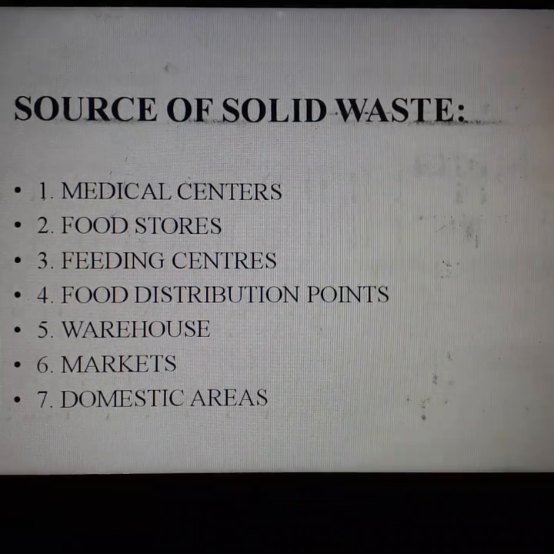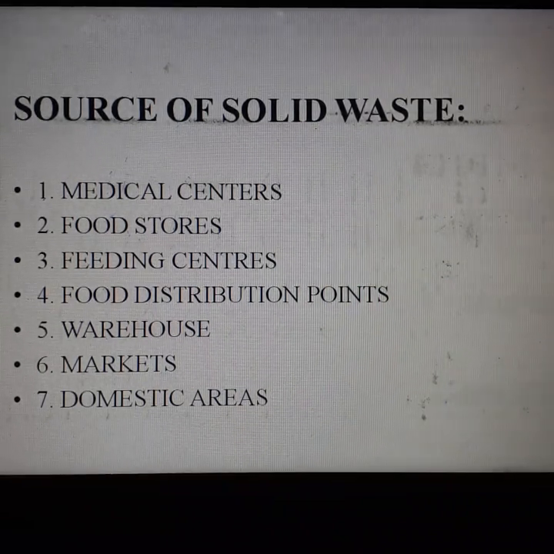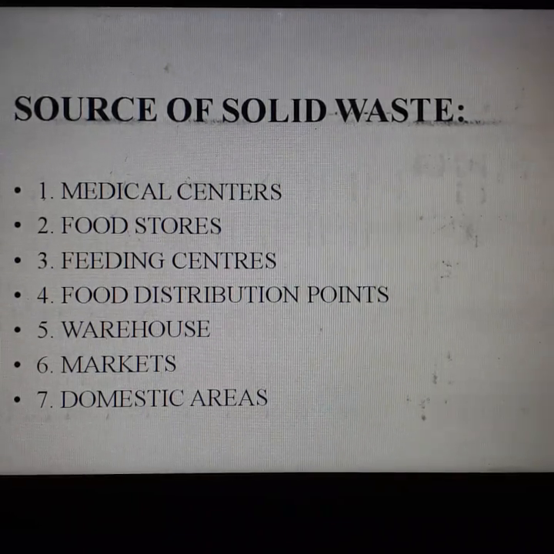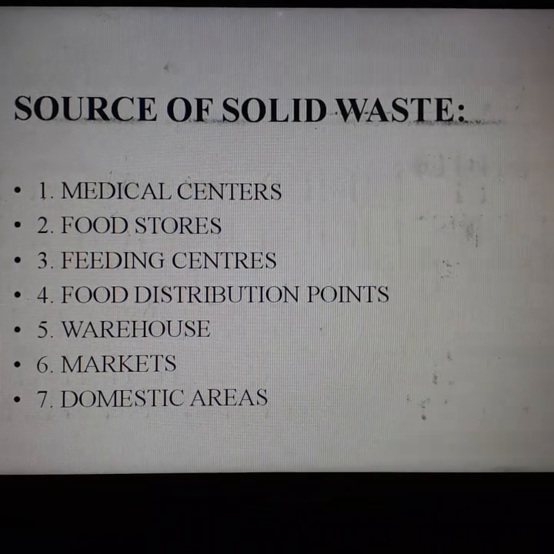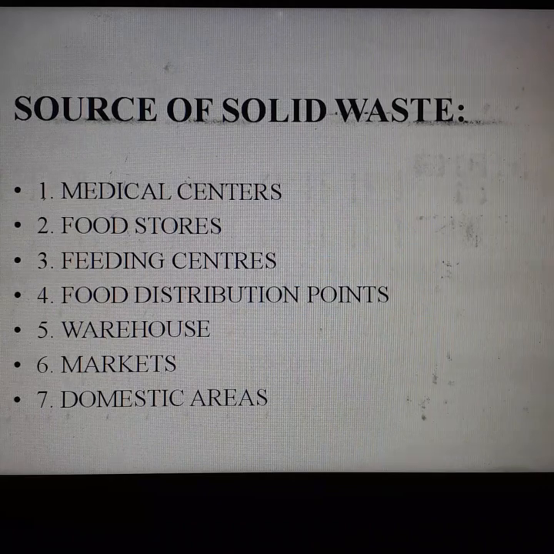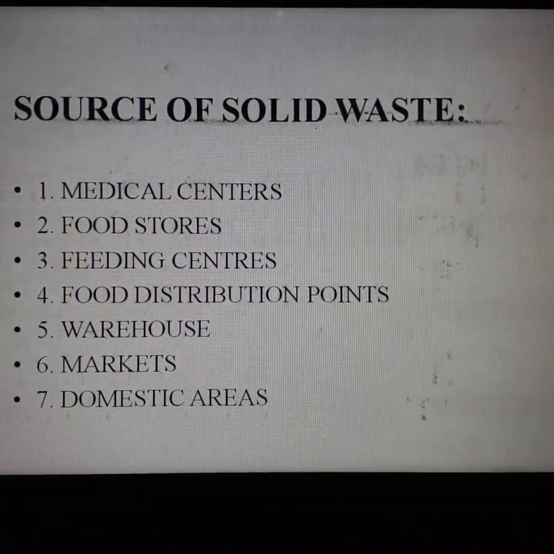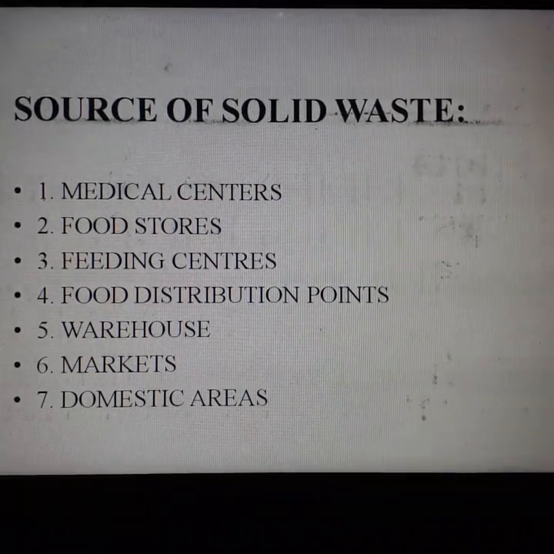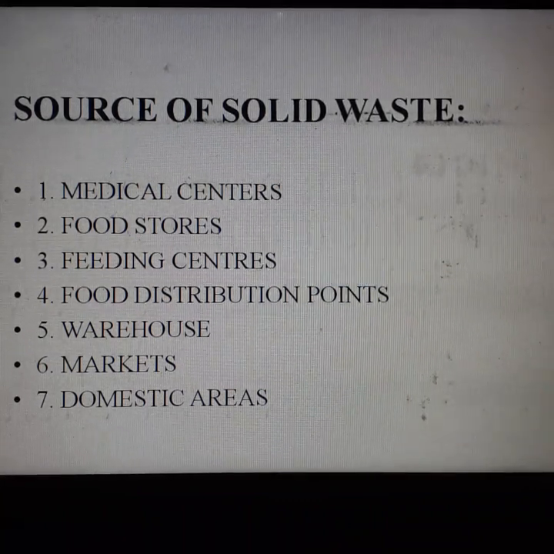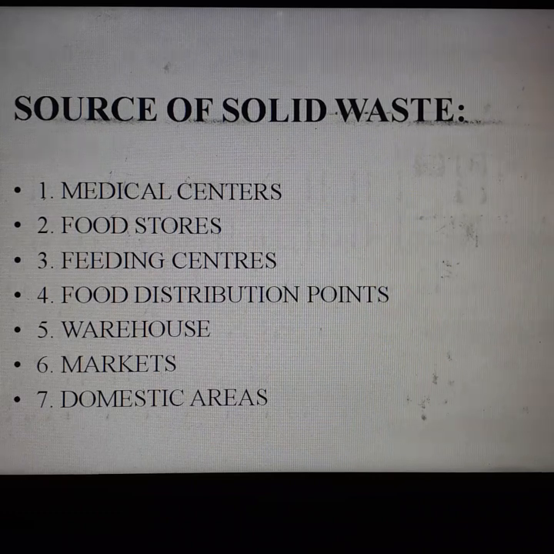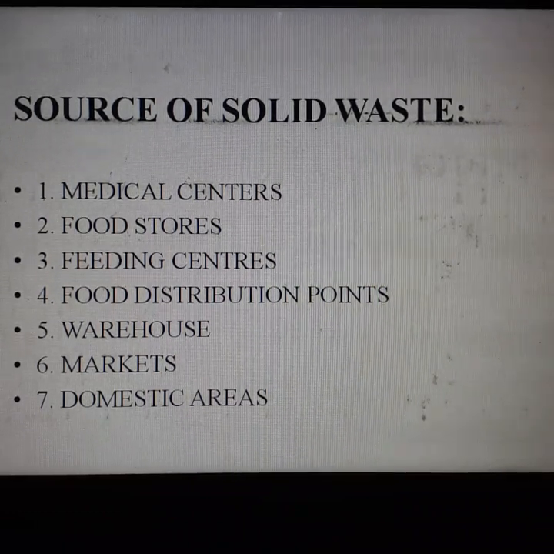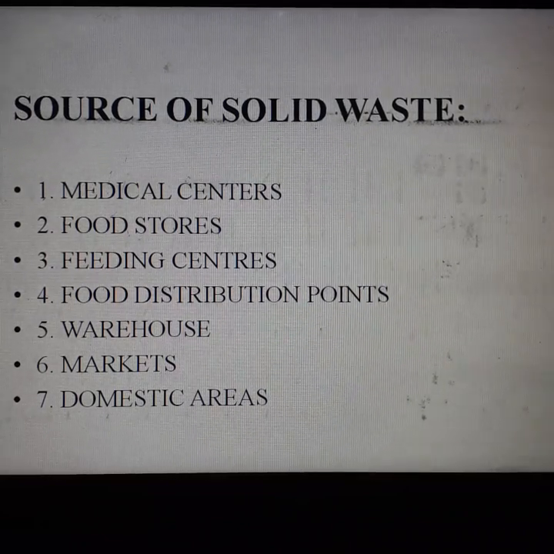There are many sources. In most emergency situations, the main sources of solid waste are: first, medical centers; second, food stores; third, feeding centers; fourth, food distribution points; next, warehouses; next, markets; and at last, domestic areas.